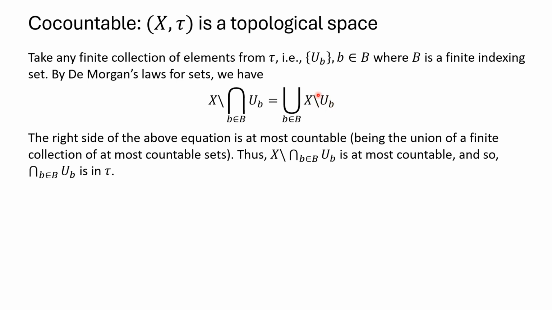And the right side is at most countable, since it's just the union of a finite collection of at most countable sets. So this is at most countable, which means that the complement of the intersection is at most countable, which means that the intersection itself is in our topology. So we've now shown that co-countable is a valid topology. Now we're ready to do our counterexample.